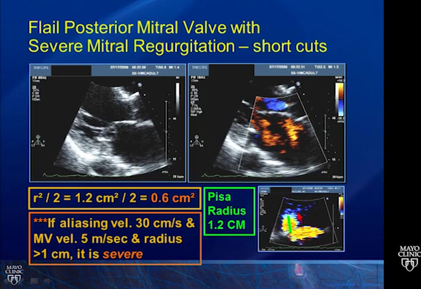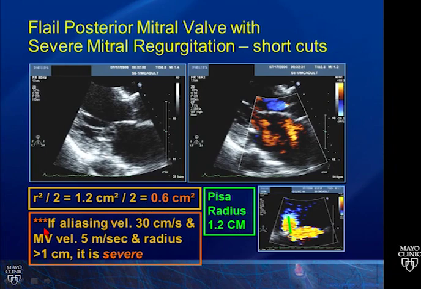Here's the mitral valve, and we see this proximal flow convergence that we fondly refer to as the PISA. And then that's the R squared. So you can take that distance, which was 1.2, and square it and divide it by 2. If you take that divided by 2, it is 0.6, the R squared. However, if it's greater than 0.6 centimeters, that's going to be severe.